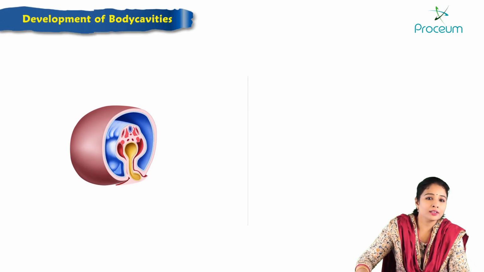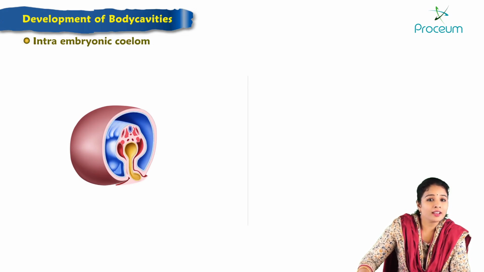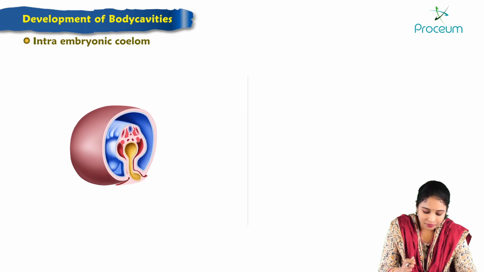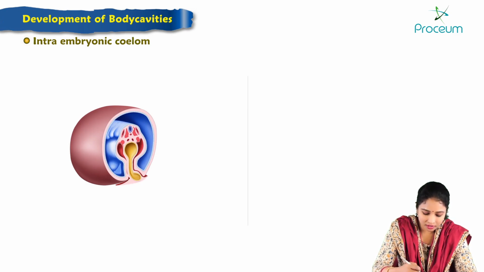To understand the development of body cavities, that is the peritoneal cavity, the pericardial cavity and the pleural cavities, we should know about intraembryonic coelom. Here you can see an image where the section is taken coronally.